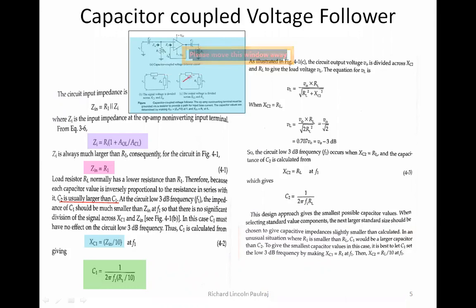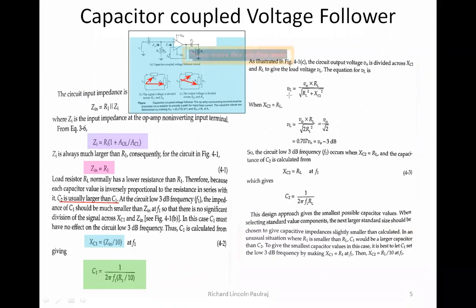Whatever output voltage you have gets divided between these two, XC2 and RL. And this Vs has to pass through XC1 and go to Zin. Please keep these points in mind, because you'll be able to understand how to solve problems.